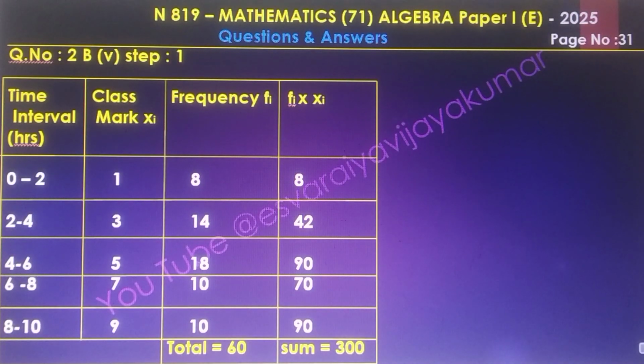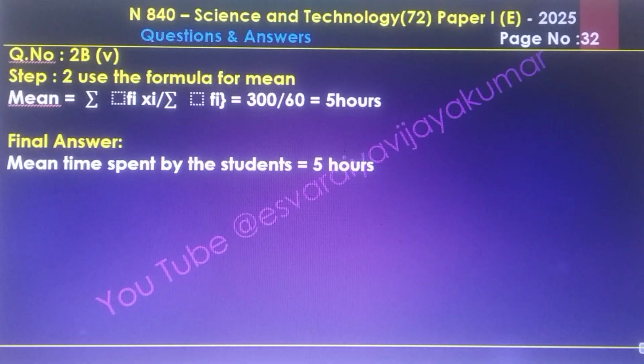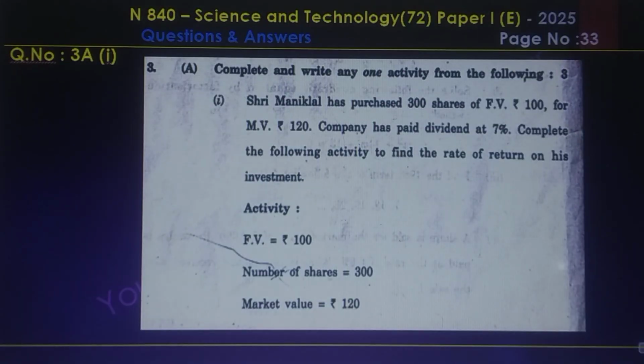Here in the table I have given the total calculations of this frequency f and the sum equal to 300, and this total equal to 60. Step 2, use the formula, we are getting 300 upon 60. The summation of f x upon summation of f, we are getting 5 hours. The answer is 5 hours.